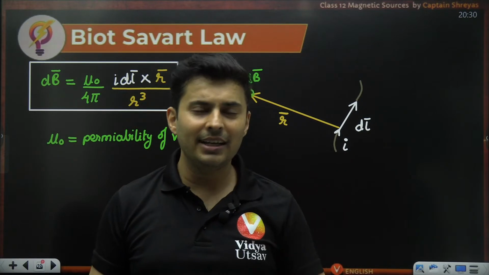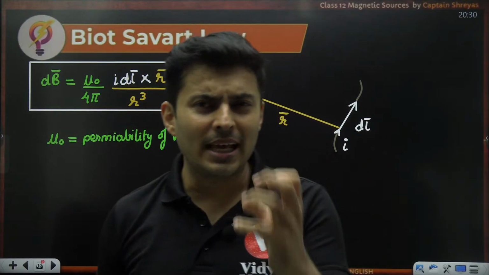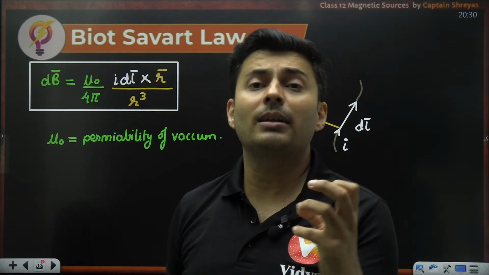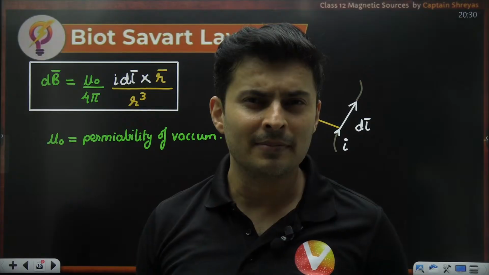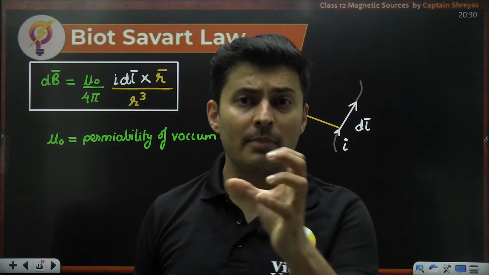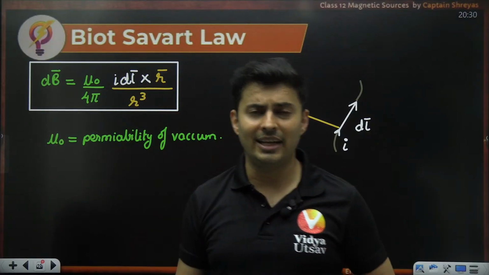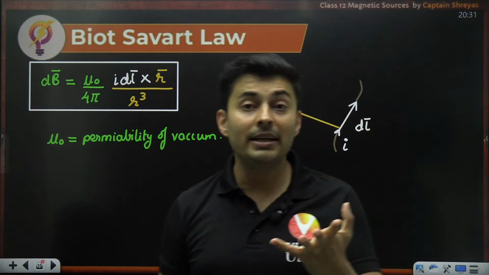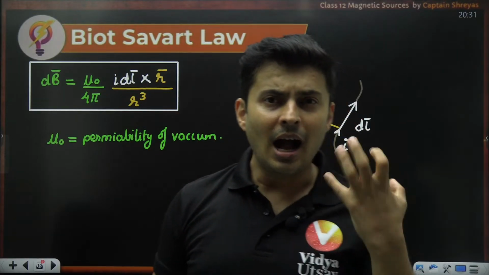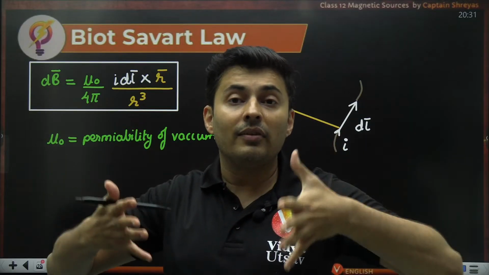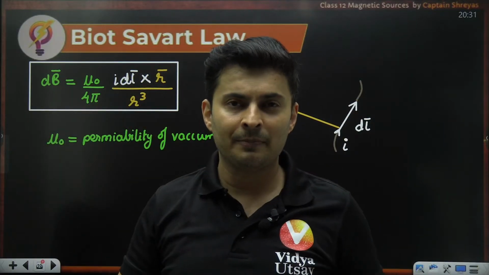Remember permittivity? Permittivity is to tell me how much the electric field is permitted inside a medium. It was a measure of that. And permittivity of vacuum was 8.85 times 10 to the power negative 12. So permeability tells me how much the magnetic field is permeable.